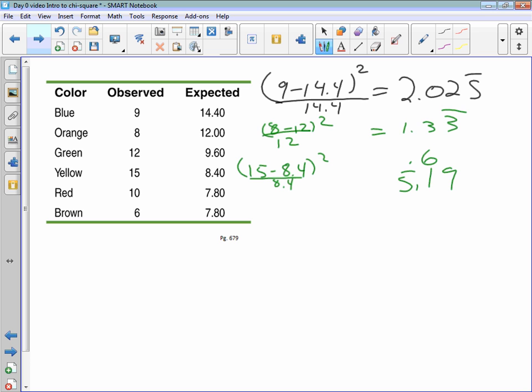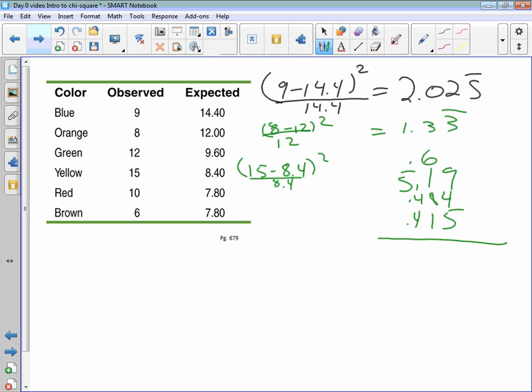And you would keep going, and then at the end, we would add up all of these values.